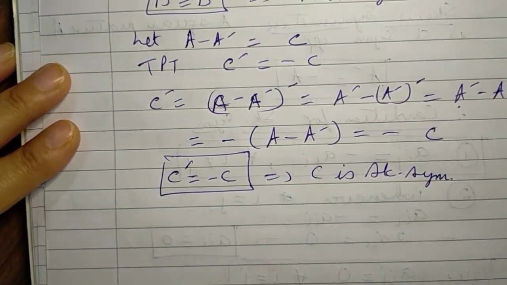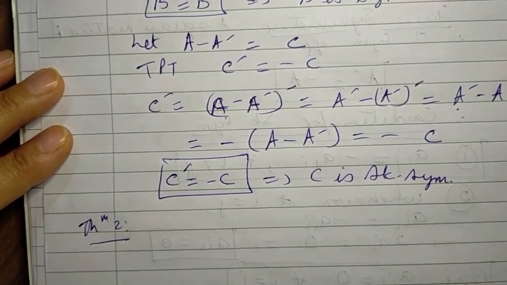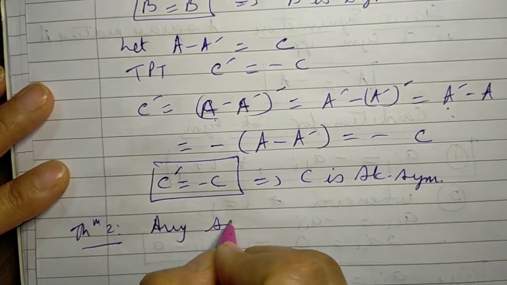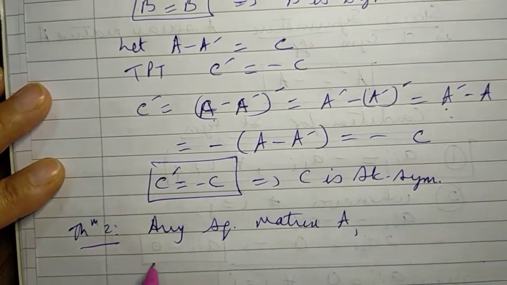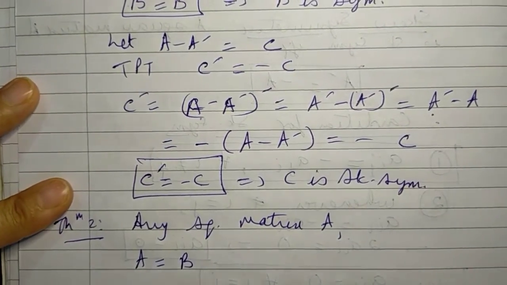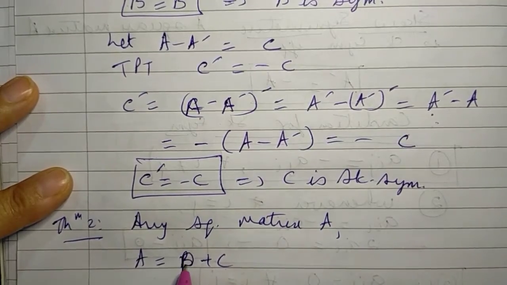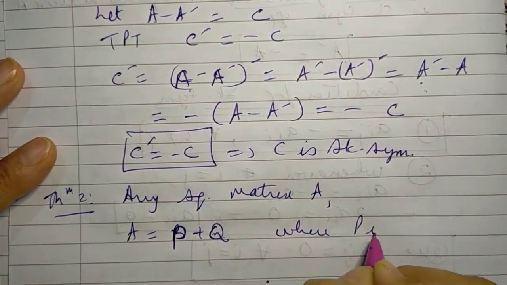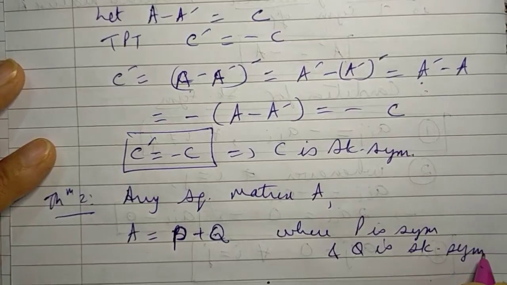Now let's quickly do the next theorem, which says that given any square matrix A, it can be expressed as the sum of two matrices, let me write them as P and Q, where P is symmetric and Q is skew symmetric.